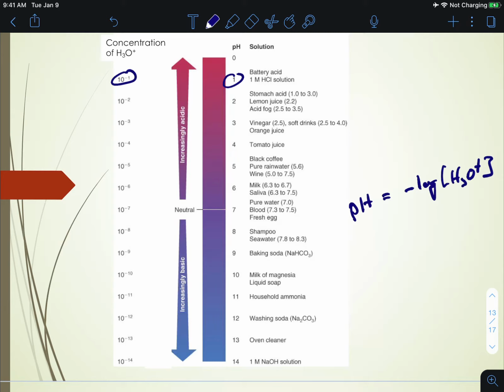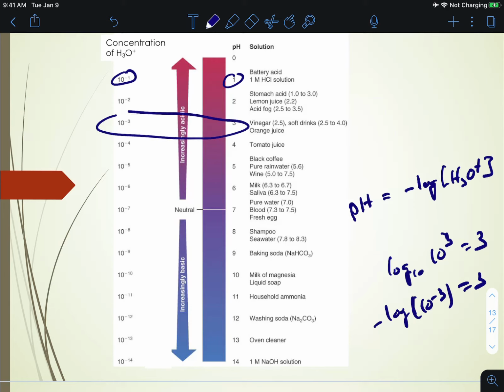If you remember your rules of logs, the log of 10 to the 3 is equal to 3 because it's base 10. It's like saying 10 to what power equals 10 to the third? It's 3. So if you're doing the negative log of 10 to the minus 3, it becomes 3. So that would be a pH of 3 right there.